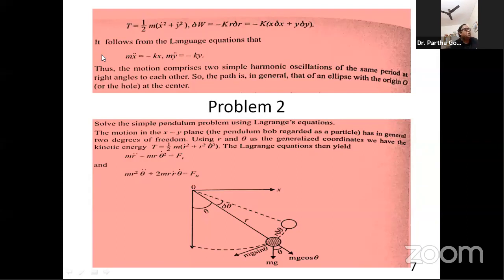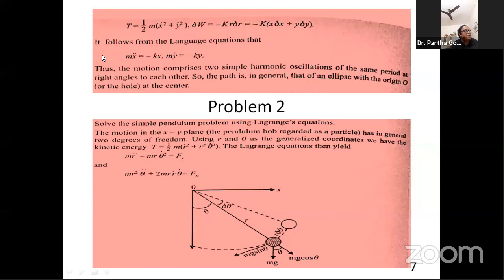Anyway, these two equations obviously represent two simple harmonic oscillations of the same frequency at right angles to each other, because they are in the x and y directions. If I say so, I think everybody now would agree with me. Everybody agrees.